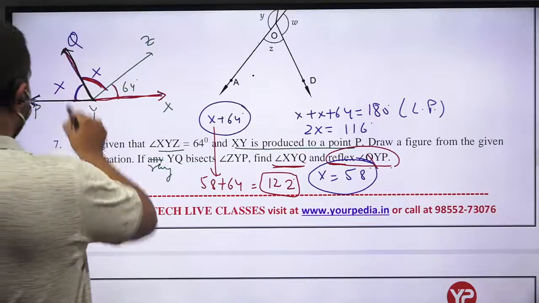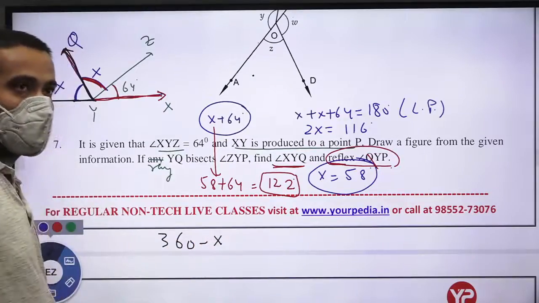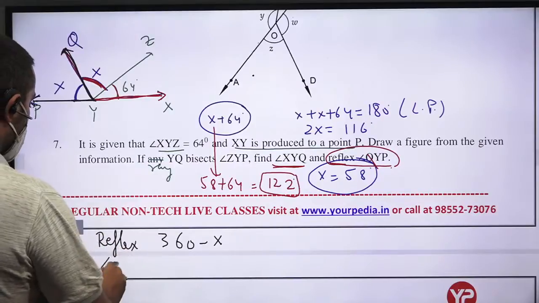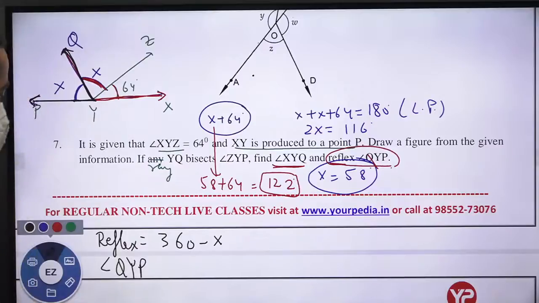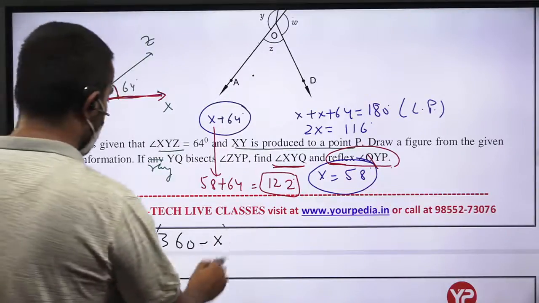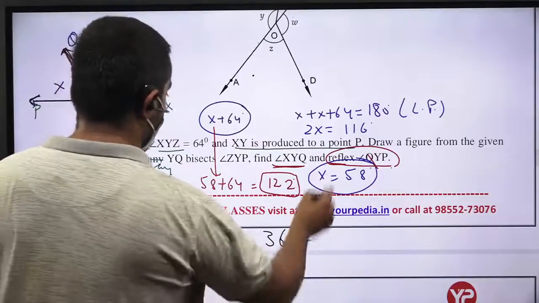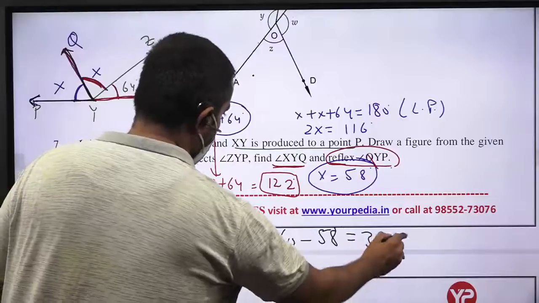This angle is x, so the reflex of QYP, as you know, in clocks and other chapters you also do this, is 360 minus x. So x is 58, so that is 302 degrees.